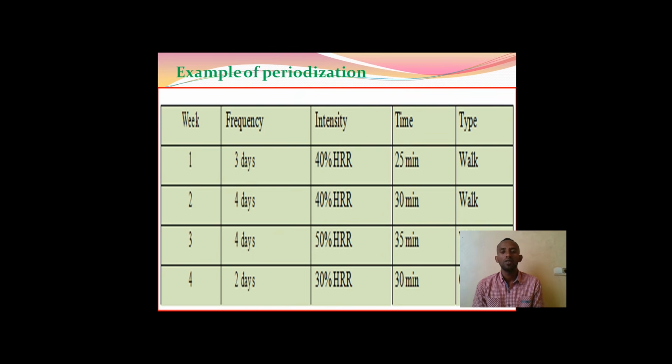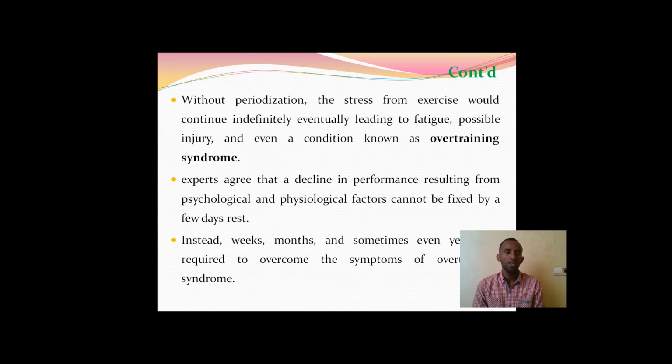Here, what you understand is that the person was already increasing or overloading the body from week 1 up to week 3, right? But in week 4, what happens? The person reduces the frequency, intensity, and time, which can be classified as a type of rest within one month or one week of training.